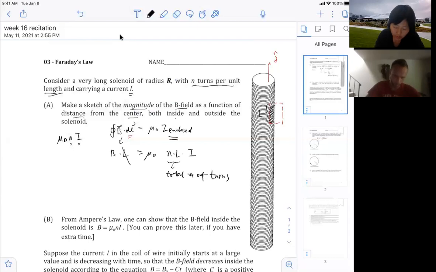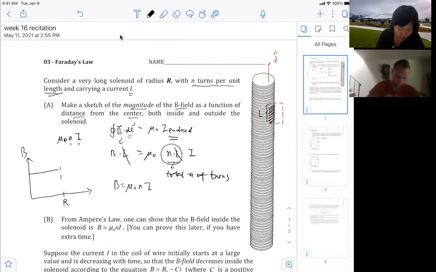You can get rid of L, because we're enclosing this length. So the total number of turns is number density times L. So B is mu naught n I, which is a constant. So to make a sketch, B will be constant within the solenoid and 0 outside.